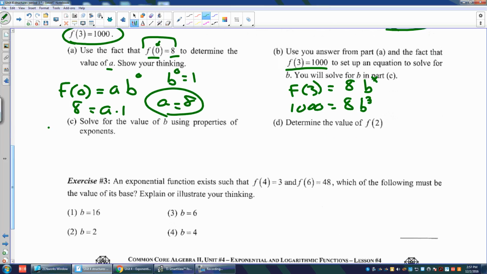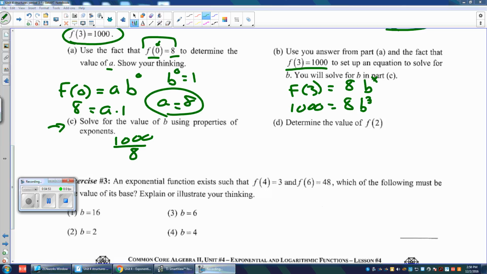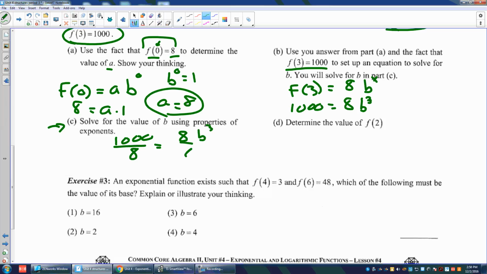Now, over here in C, it says solve. I know it says use properties of exponents. What I'm going to do is divide both sides by 8. 1,000 equals 8b cubed.